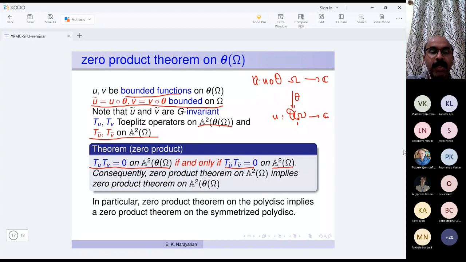So as I said, I wanted to avoid technicalities. It's possible to write the result on the symmetrized polydisk as a slightly more explicit result. Instead of simply saying this, instead of saying a D-harmonic function and pushing it down to the quotient domain, you can explicitly say what happens on the symmetrized polydisk itself.